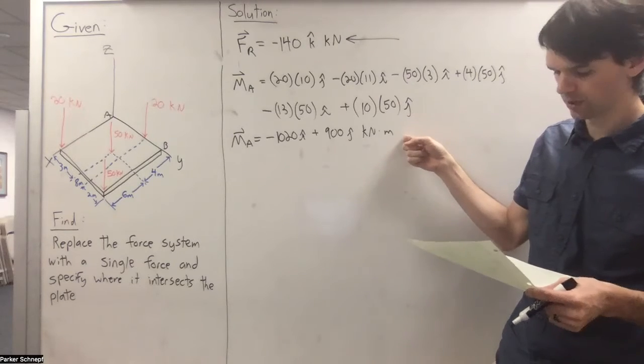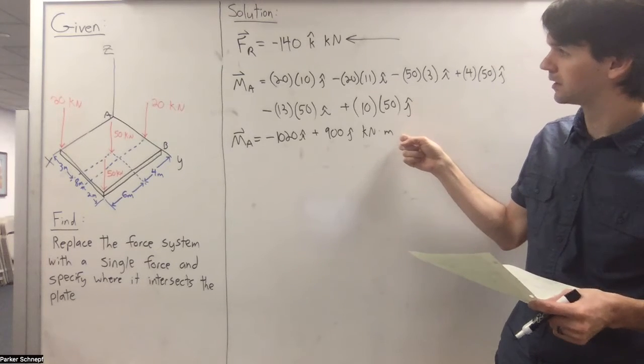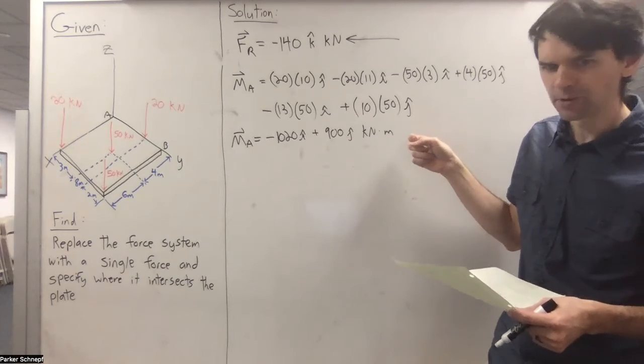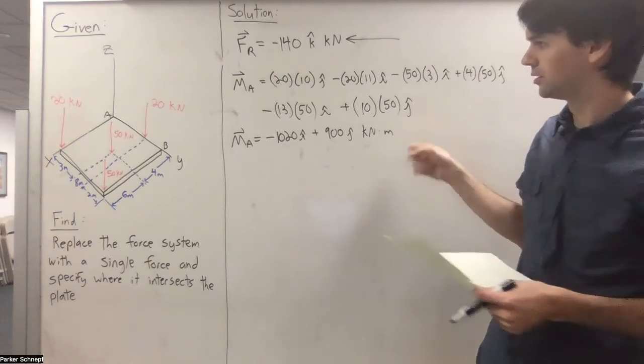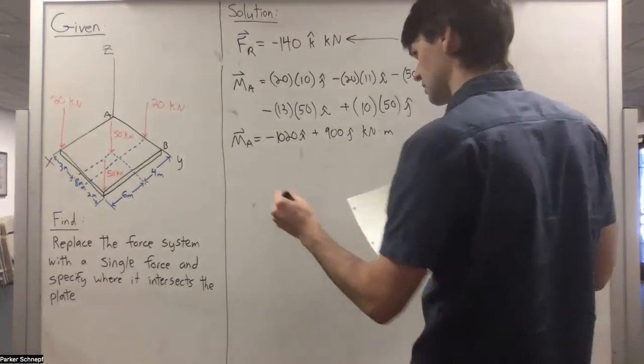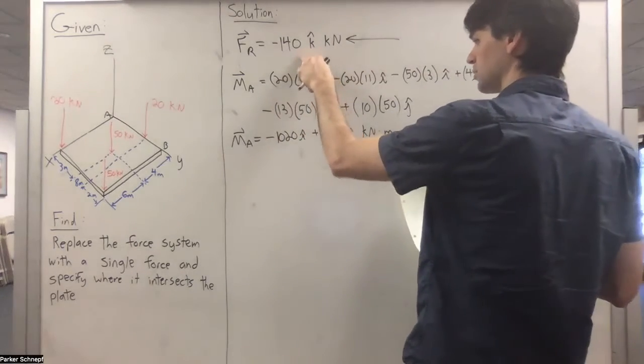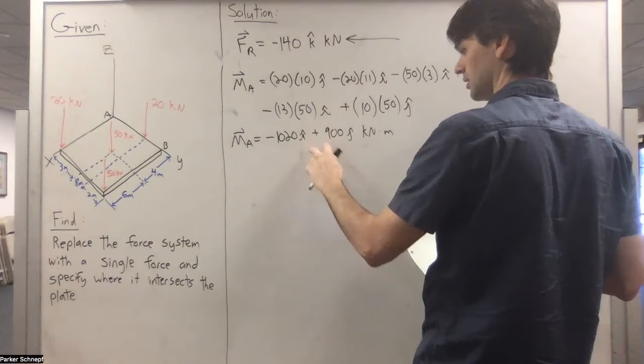So what are we going to do? We are going to do sort of the backwards of a cross product. We have to place this force in a place where it's going to produce this moment.